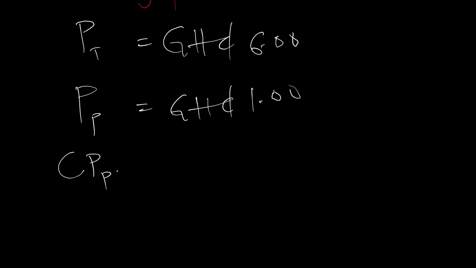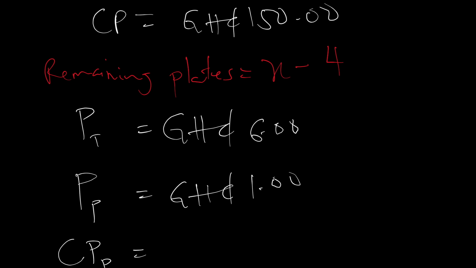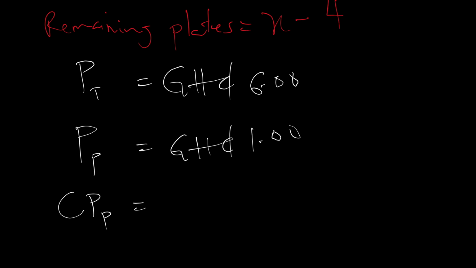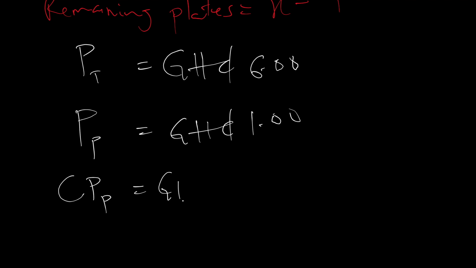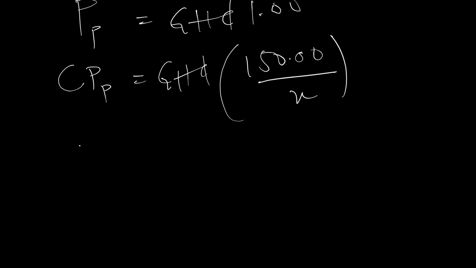Cost price per plate: if she bought the total number of plates for 150 Ghana cedi, and she bought X number of plates, then the cost price for 1 plate will be 150 Ghana cedi divided by the total number of plates she bought, which is X. So cost price per plate will be Ghana cedi 150 divided by X.